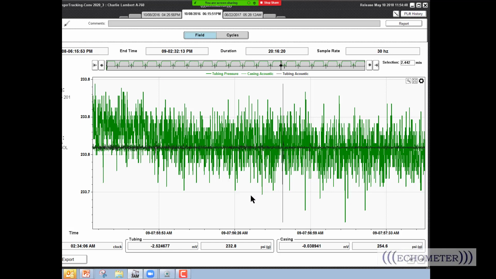So that was the reason why we did that test, to determine if we could see the plunger hit bottom by listening to the casing acoustic signal, and the answer is I think we saw it. As you can see here, it didn't show up on every one, but that's why.